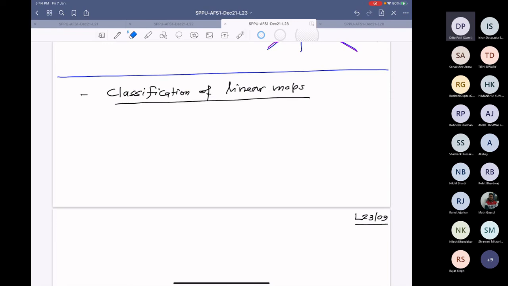Classification, do you understand? What does one mean by classification? You give a list: these are all linear maps. Or in other words, give an equivalence relation on the set of linear maps and describe their orbits.